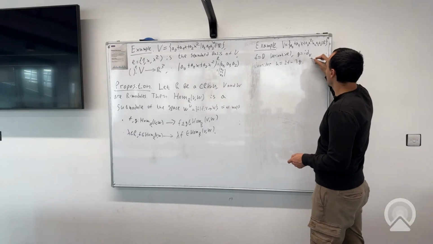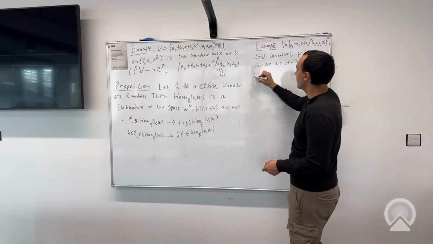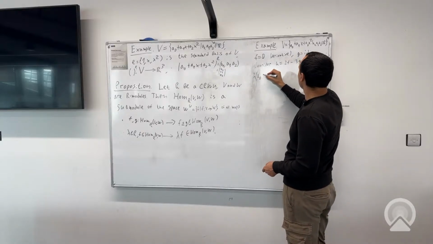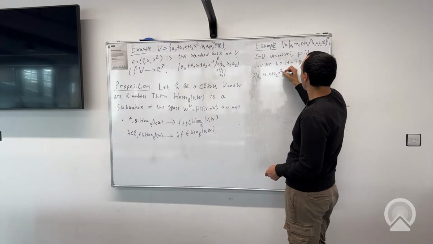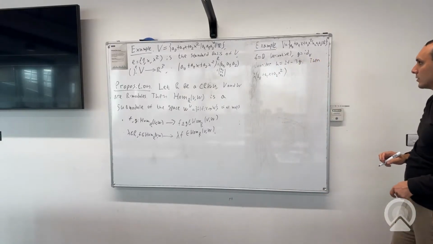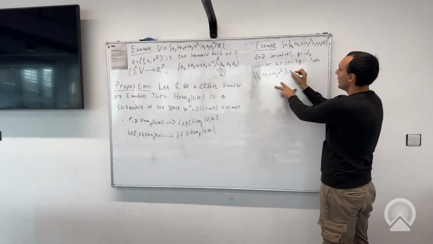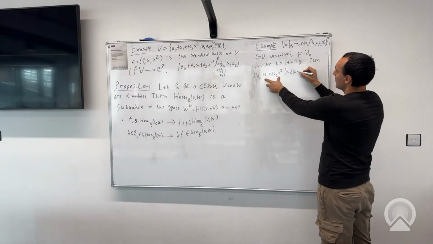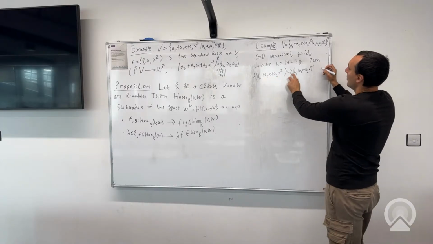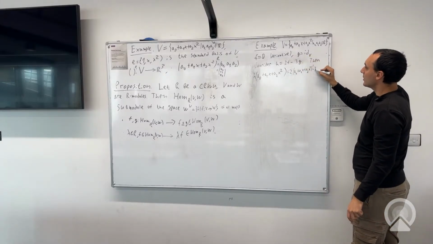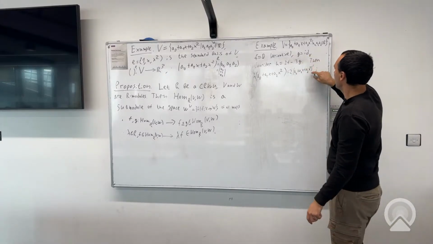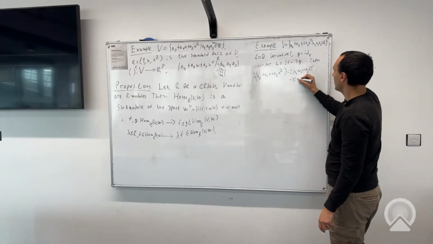Then H of something here. So this would be 2 times this thing prime minus 3 times itself, because G is the identity.